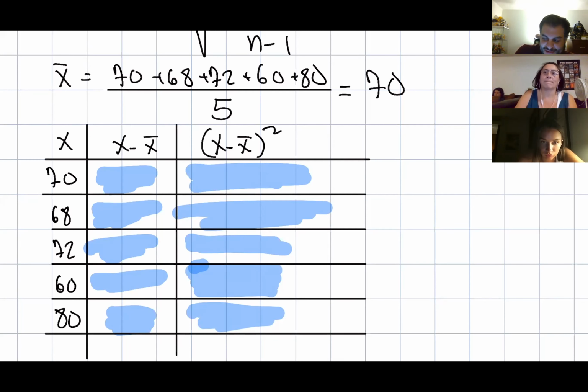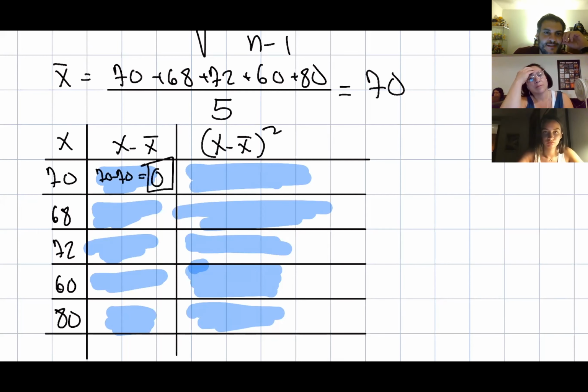So for the first one, you do 70 minus 70 and you get 0. But for your answer, just put the final result, not 70 minus 70. Then let's go on to 68.